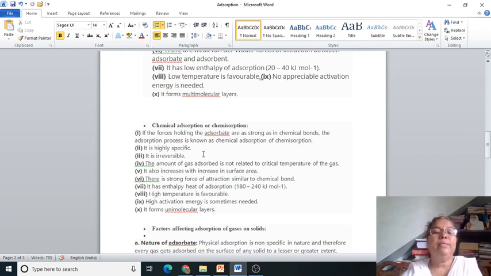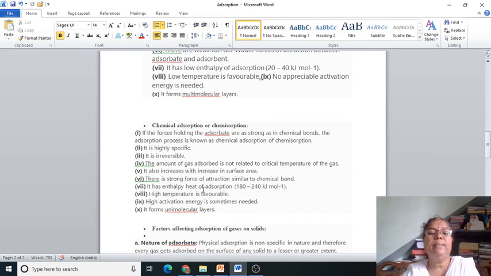Then the second point, chemisorption is highly specific, it is irreversible. The amount of gas adsorbed is not related to the critical temperature of the gas. It increases with increase in surface area. There is a strong force of attraction similar to a chemical bond.